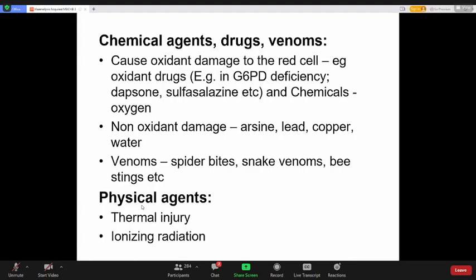Dapsone is a drug that is used to treat leprosy, for example, and other drugs like sulfasalazine can give you oxidant damage to red cells, and more so in patients who have G6PD deficiency. All right, so chemicals, agents, and drug venoms, those are some of the examples. Then you have physical agents like thermal injury, ionizing radiation. We know all these can give you hemolysis.